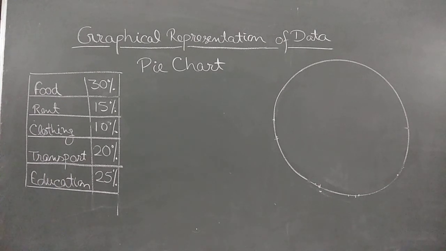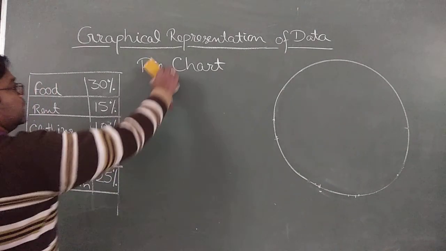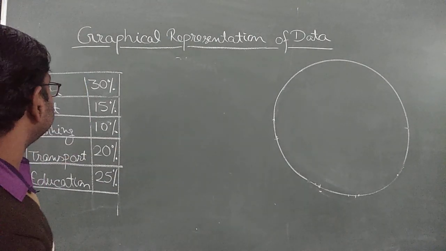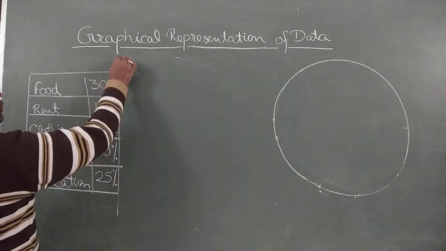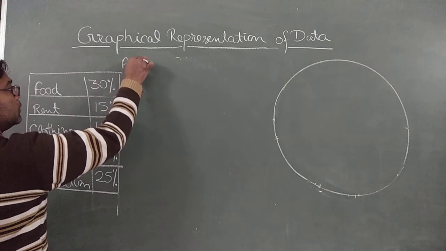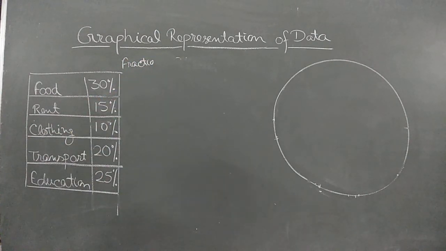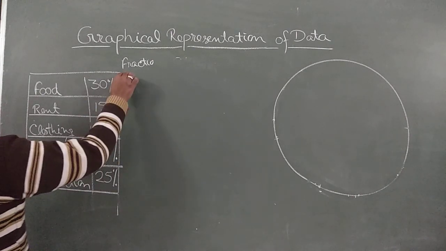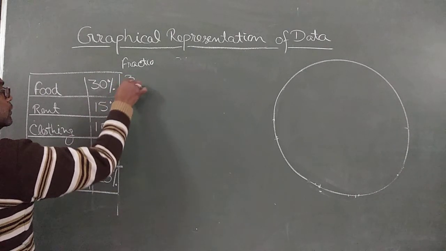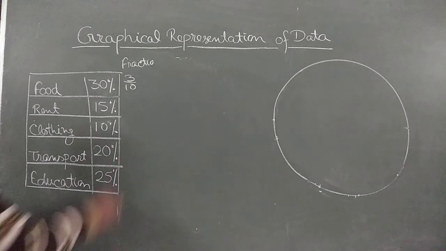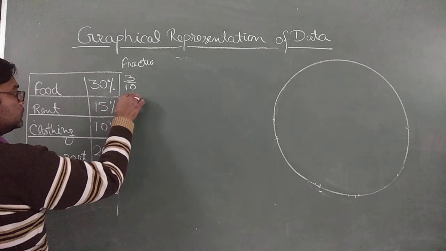So for this, let me erase this heading so that I can easily explain. First, we find out the fraction. How do we find out the fraction? 30% means 30 upon 100, or you can say 3 upon 10. Now 15 upon 100.